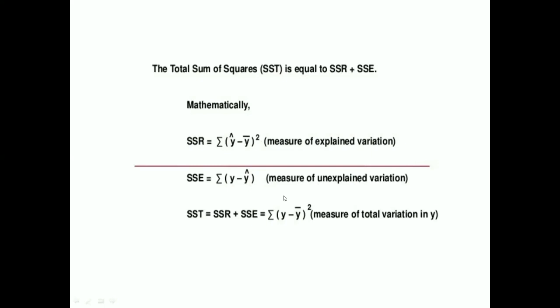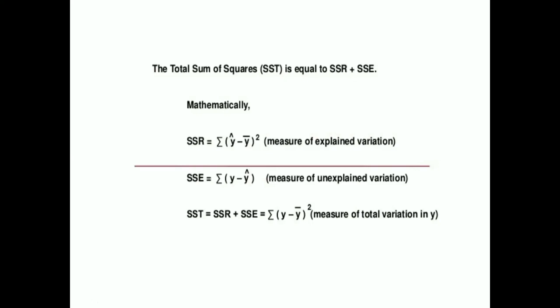Sum of square error is the measure of unexplained variation. We can't measure the unexplained variation directly, so this is SSE, that is y minus each estimated y value. Before that, y hat is equal to a plus bx. On that formula we can get the y hat value, that is the red line. From that we can calculate the SSE, that is the sum of square error.